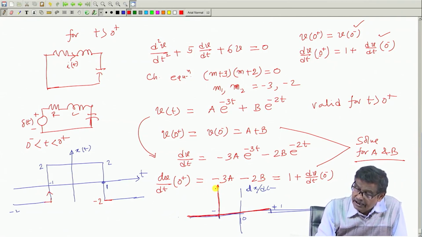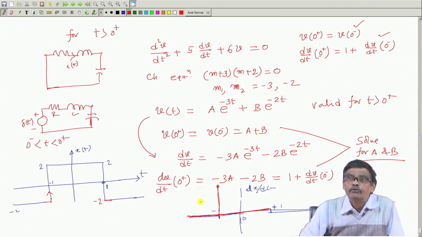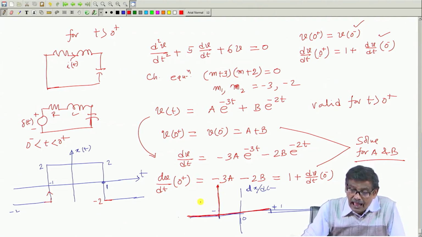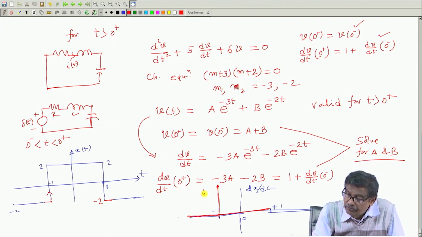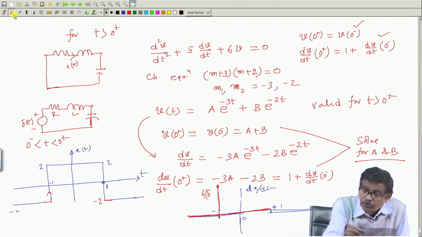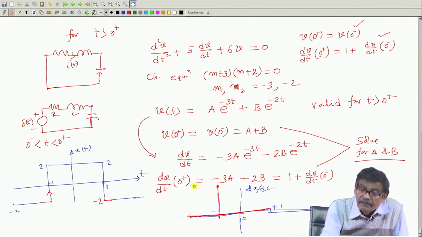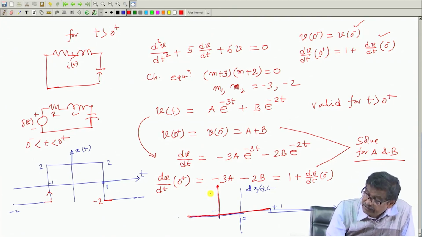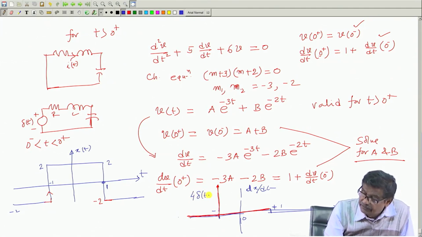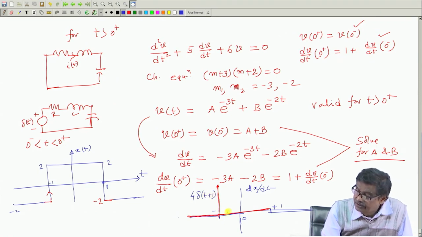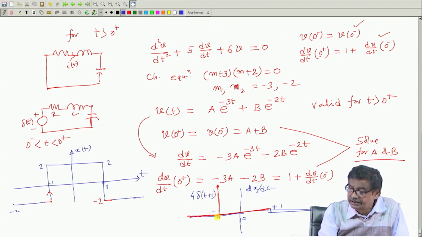So, here there will be an impulse whose strength will be 4. This impulse will have a strength of 4 delta, and it is a shifted delta function. It is not sitting at the origin, it is sitting at t equal to -1.